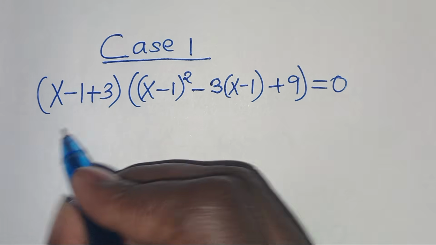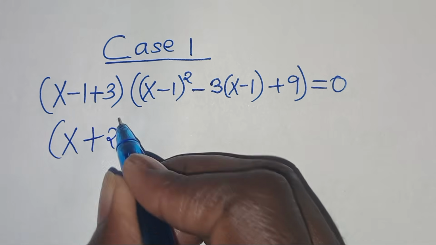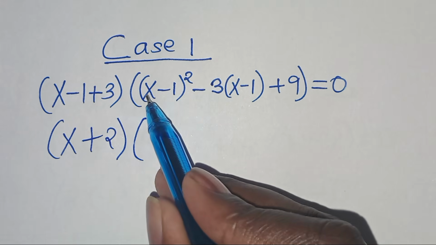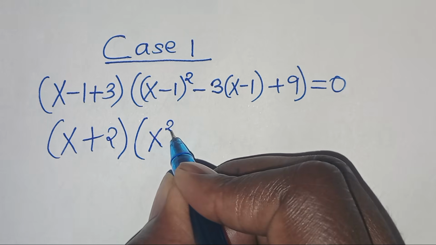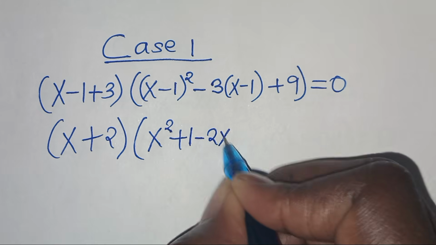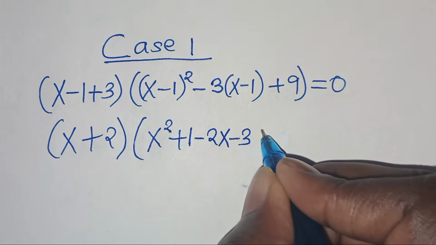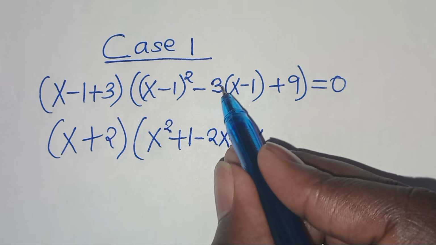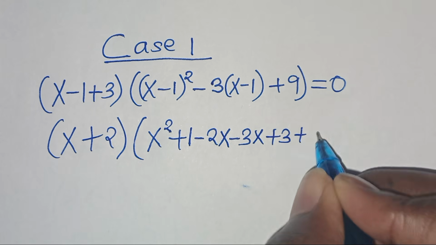So we have x − 1 + 3, this is x + 2, times ((x − 1)^2, this is x^2 + 1 − 2x, then minus 3 times x, this is −3x, then minus 3 times minus 1, this is plus 3, plus 9).